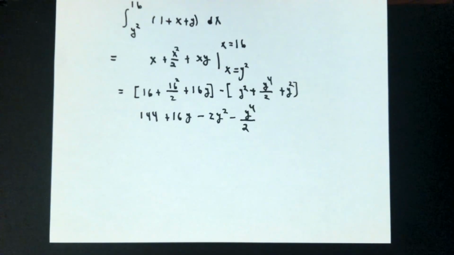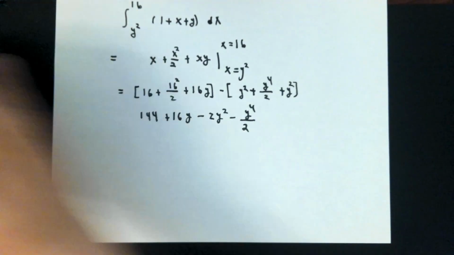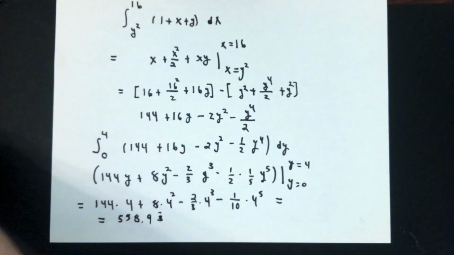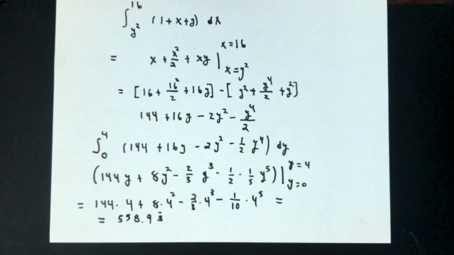Now we have to do the outside integral. And becoming lazy at the end, the double integral works out to be 558.9 and then 3 repeating.